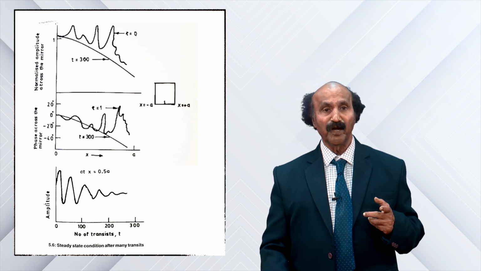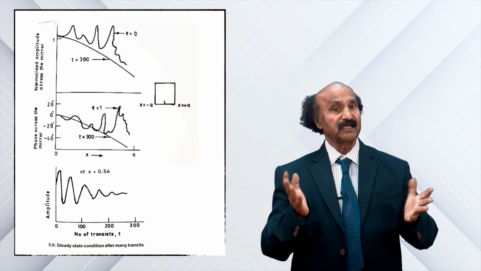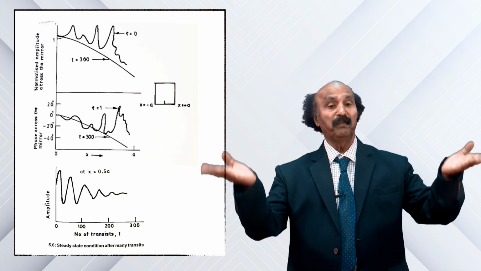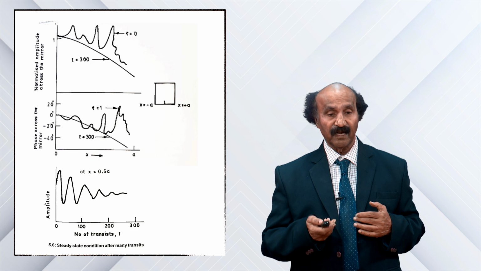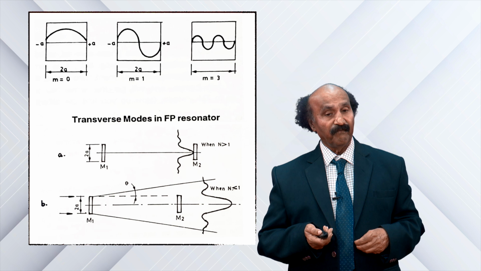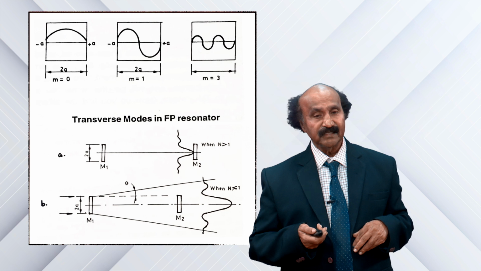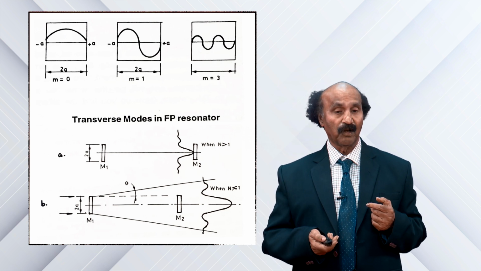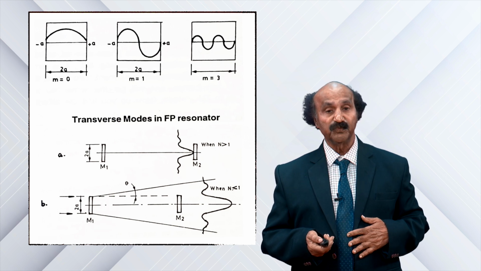Remember, because of stimulated emission, by repeated training, the waves get mixed up. Then because of the repeated diffraction, you can see the wave becomes very, very directional as shown by the bottom representation. The wave that comes out of the mirror M2, look at this carefully, is a Gaussian beam because of repeated diffraction, and that is what you see in most of the lasers, which I have already explained.